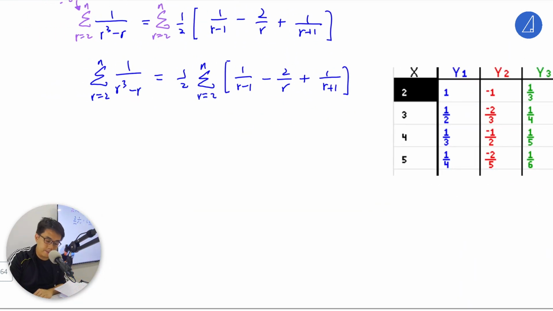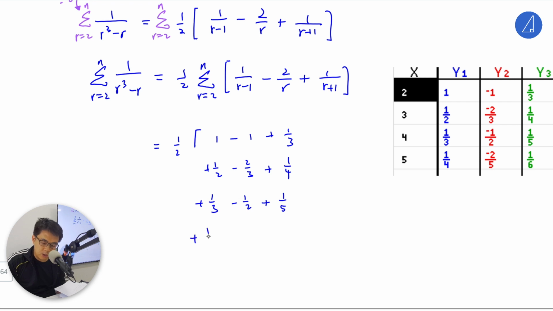There will be half, 1 minus 1 plus a third, plus half minus 2 thirds plus 1 quarter, plus 1 third minus half plus 1 fifth, plus 1 quarter minus 2 fifths plus 1 sixth.